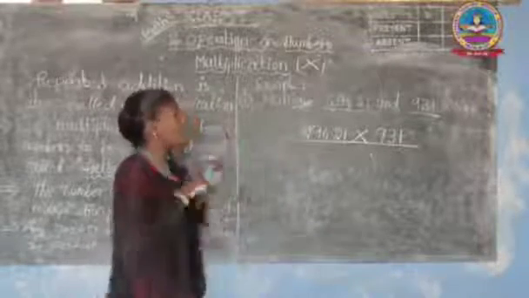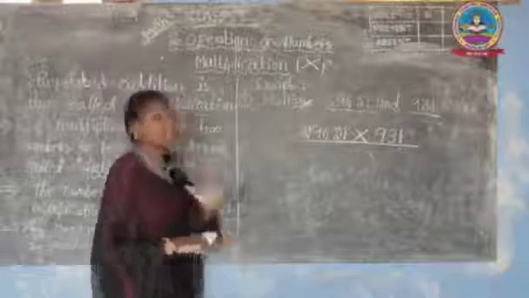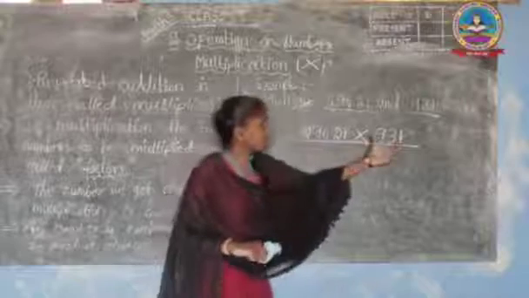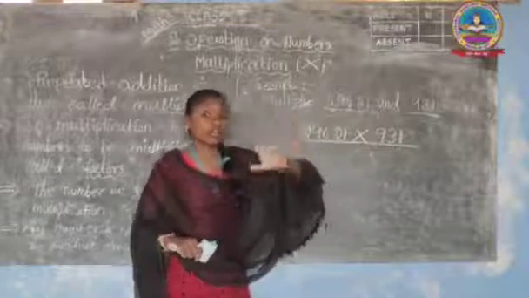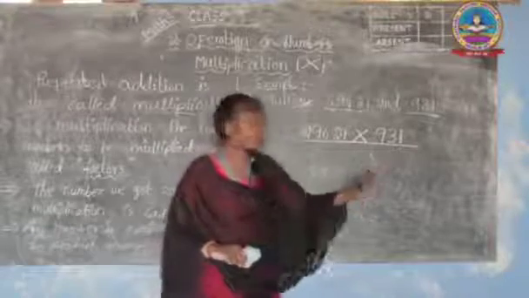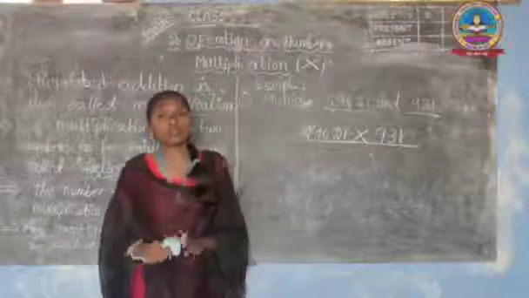To multiply a number by a 3-digit number, or by more than 2 digits, we use some steps.